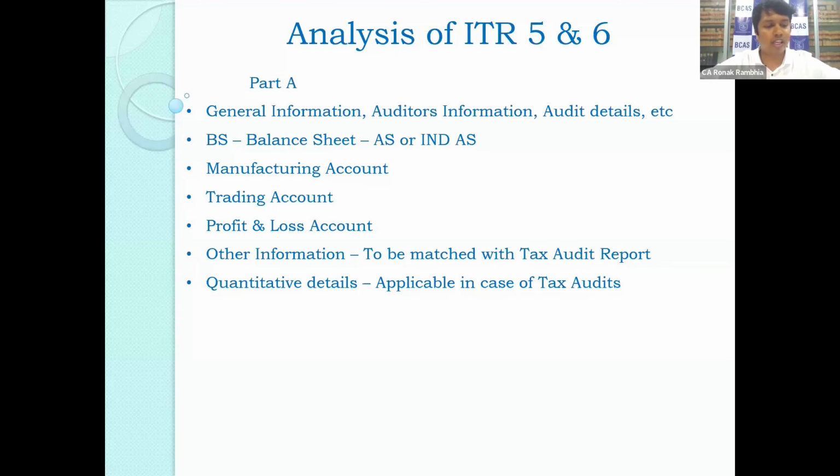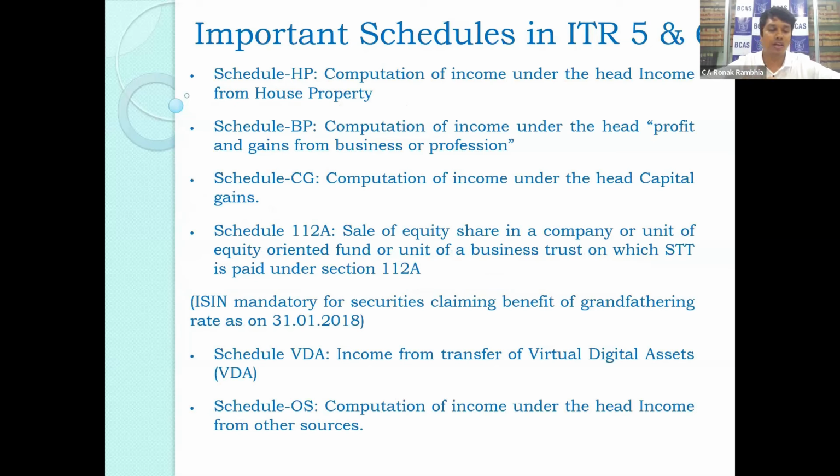So here in the schedule OI are only the adjustments, the additions, deductions which are to be made to the net profit to arrive at the taxable profit. So this is more or less the structure of the income tax return. We'll see further some of the important schedules in our income tax returns ITR 5 and 6.